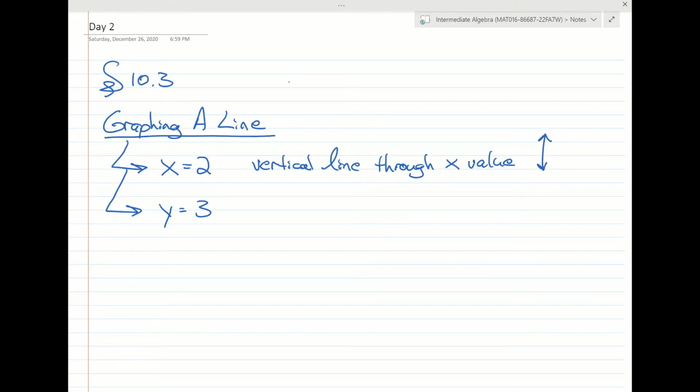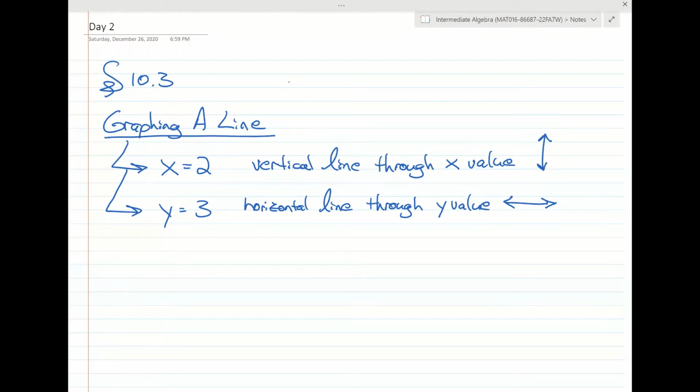You have y equals a number, that's going to be a horizontal line through the y value. Those are kind of basic types of lines, right?